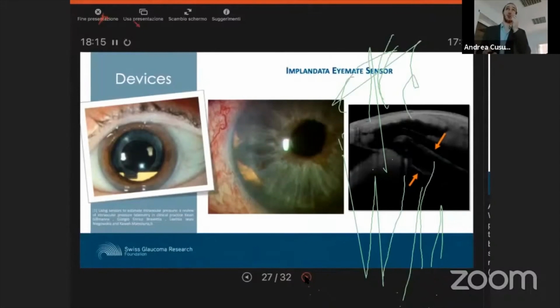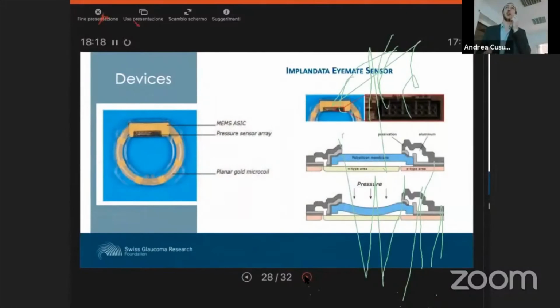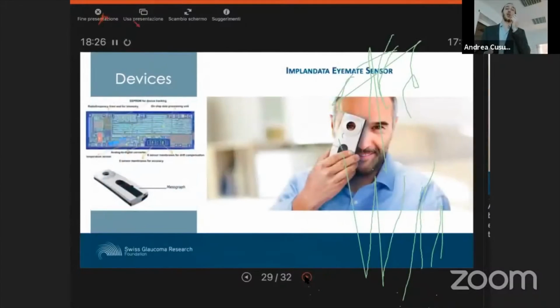That's what you can see on the right-hand side between the arrows. So this counts 16 pressure sensors. This is a picture of the device here, and it really measures the pressure inside the eye whenever you want it. So the way it works, the patient just has a handheld device that looks like a TV remote, and they hold it in front of their eye, and they press a button for 2 seconds whenever they want, and then they can read the pressure on the device.